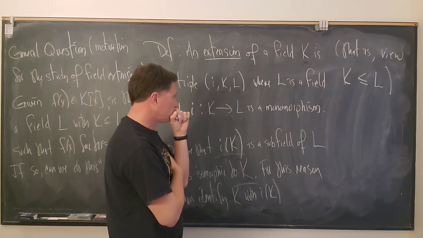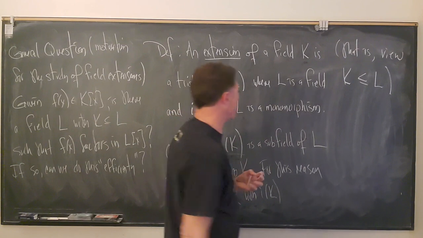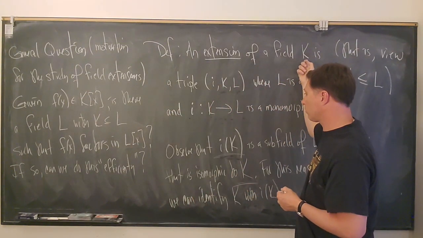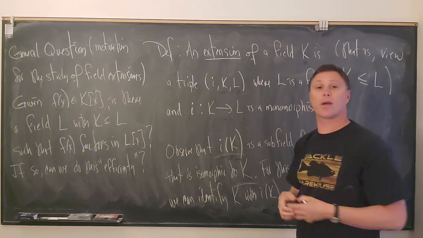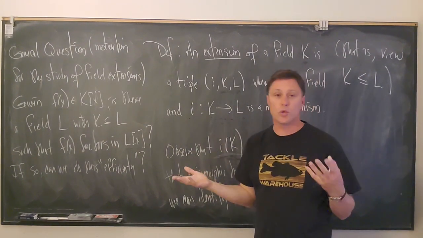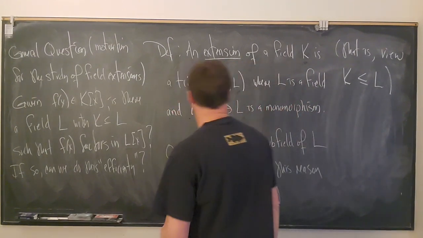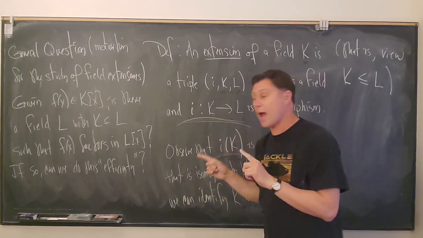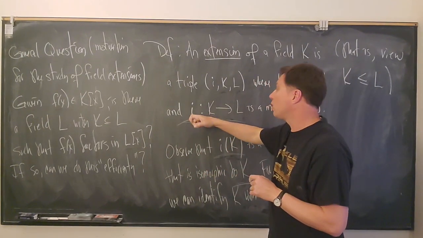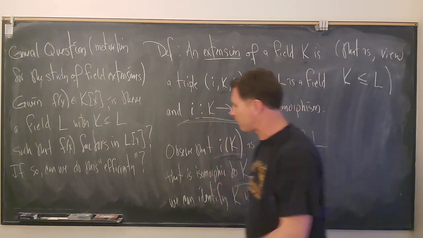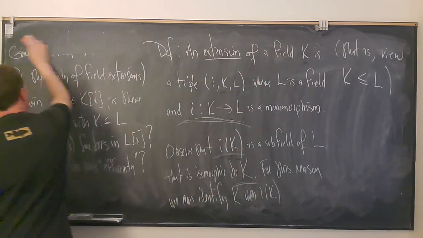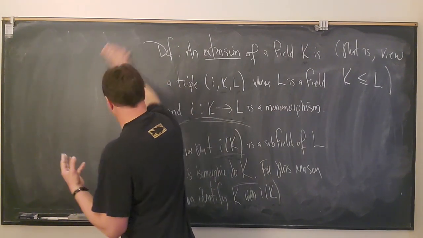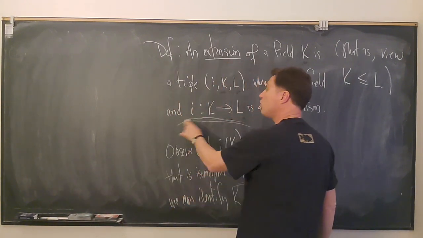So, from an algebraic point of view, when we say that L is an extension of K, what we're saying is that there's an isomorphic copy of K inside L, so we might as well view it as living inside L. So there are going to be times when we really don't care about the monomorphism I. There will be other times where we do have to be specific about I. But for most purposes, we're going to just say, let's consider an extension, and we're not going to need to be specific about who this monomorphism is.